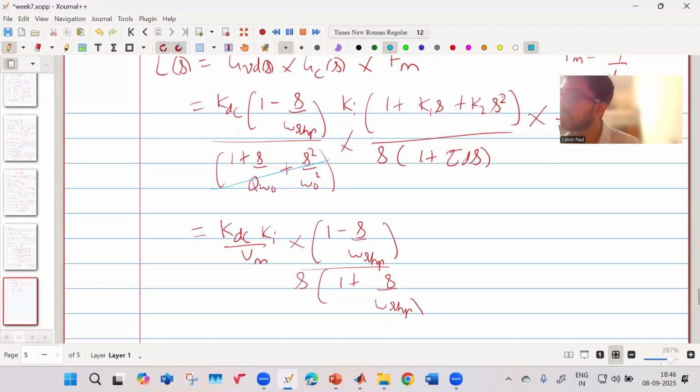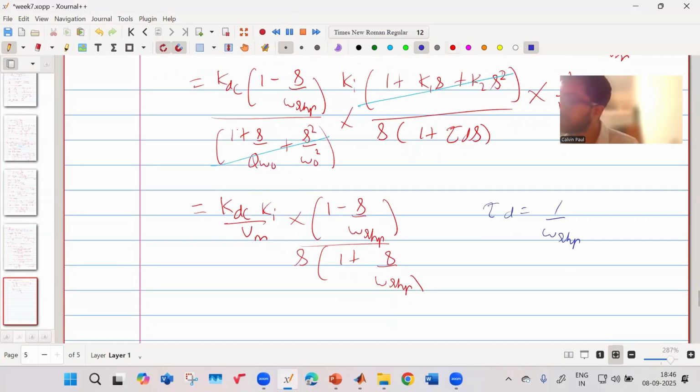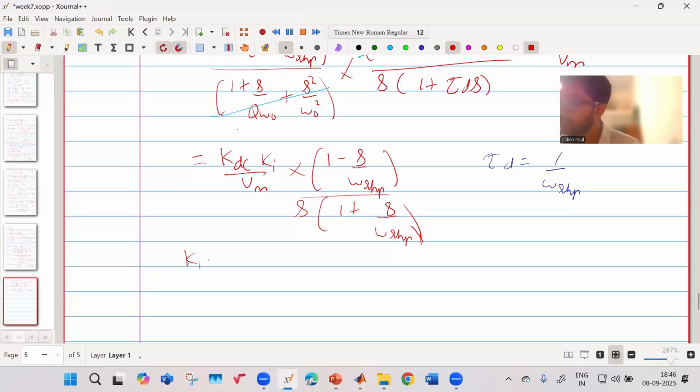We cancel this and we replace our tau d by 1 upon omega RHP. Okay. So now, in this case, my K1 is equal to 1 upon Q omega naught. My K2 is equal to 1 upon omega naught square.